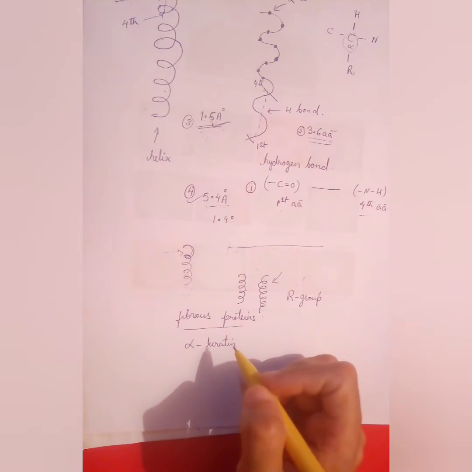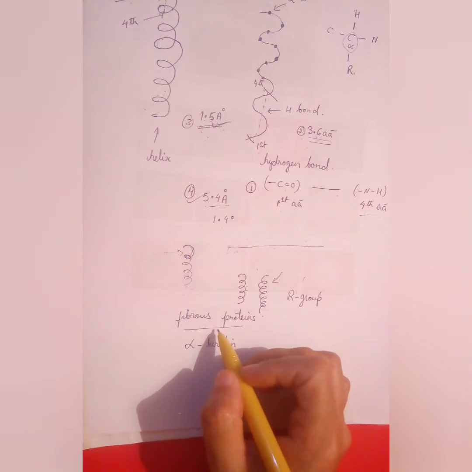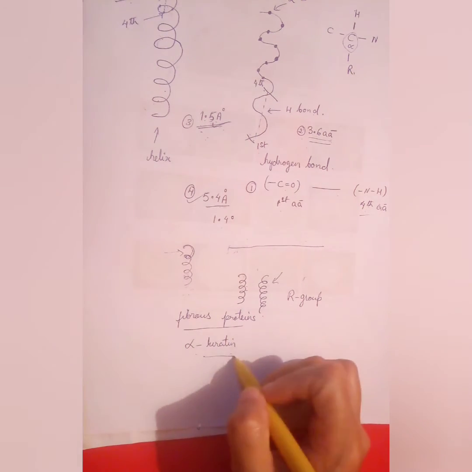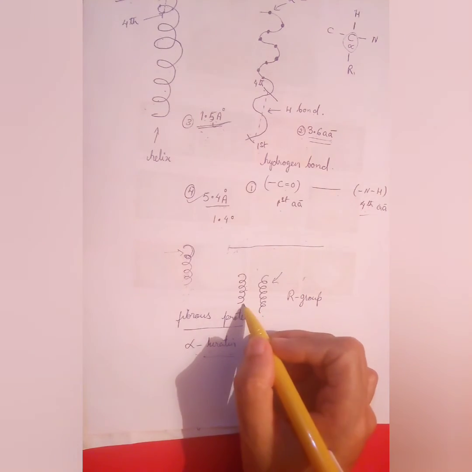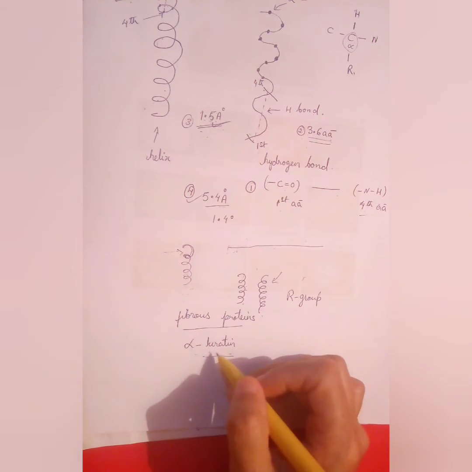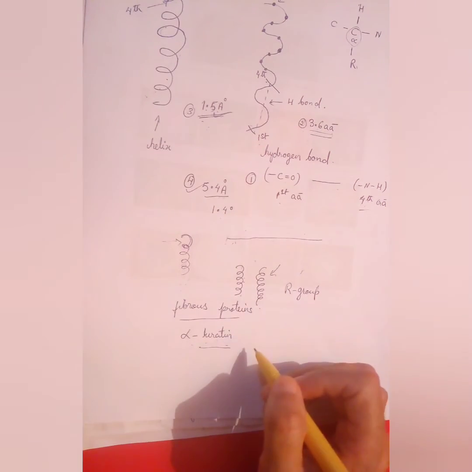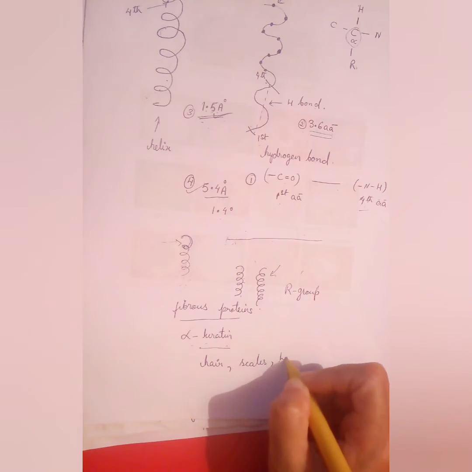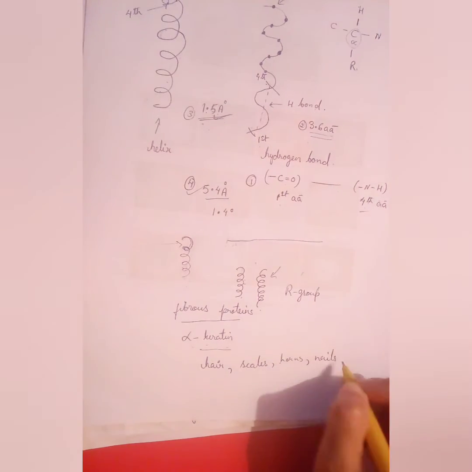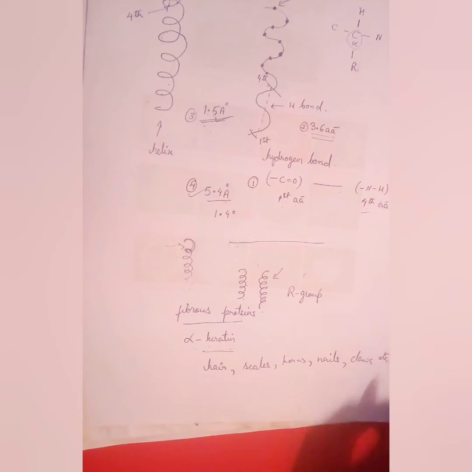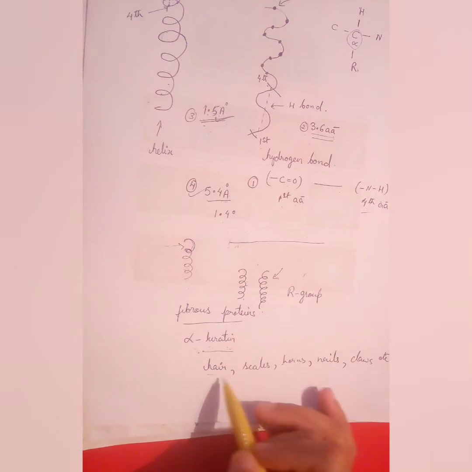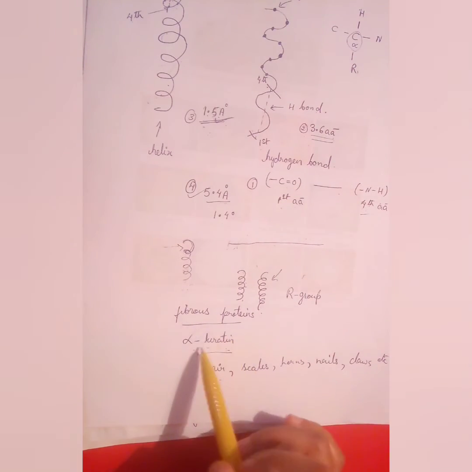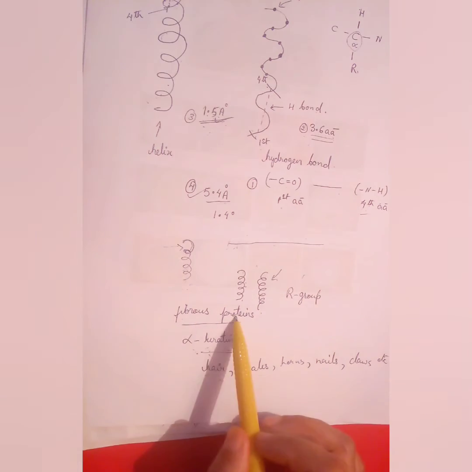Alpha keratin is one example of fibrous proteins in which the major structural component is the alpha helix. These proteins are commonly found in hair, scales, horns, nails, claws, etc.